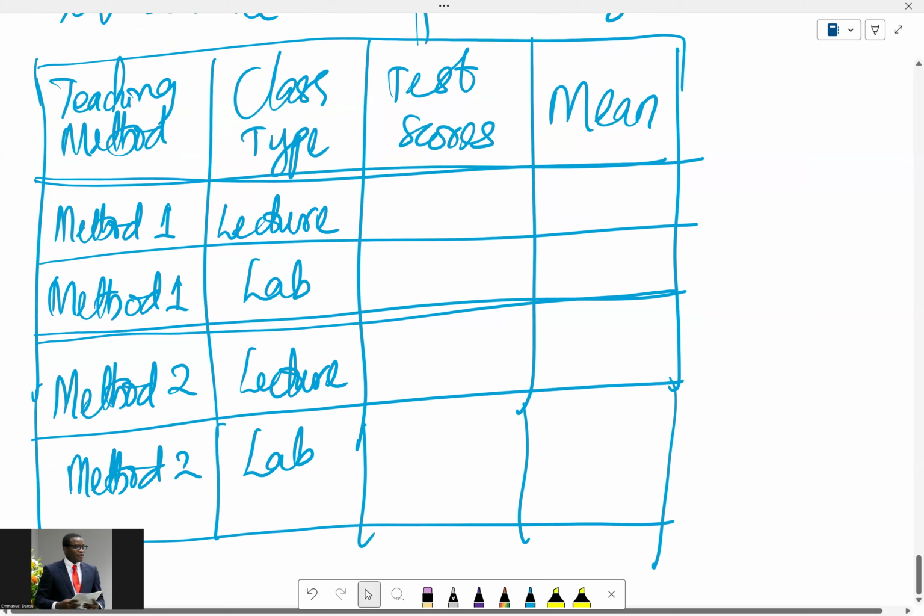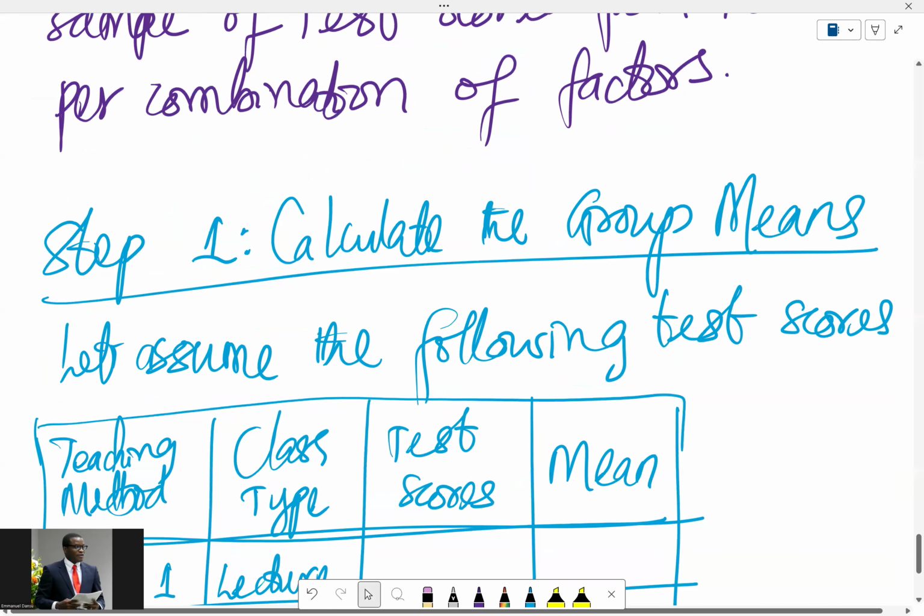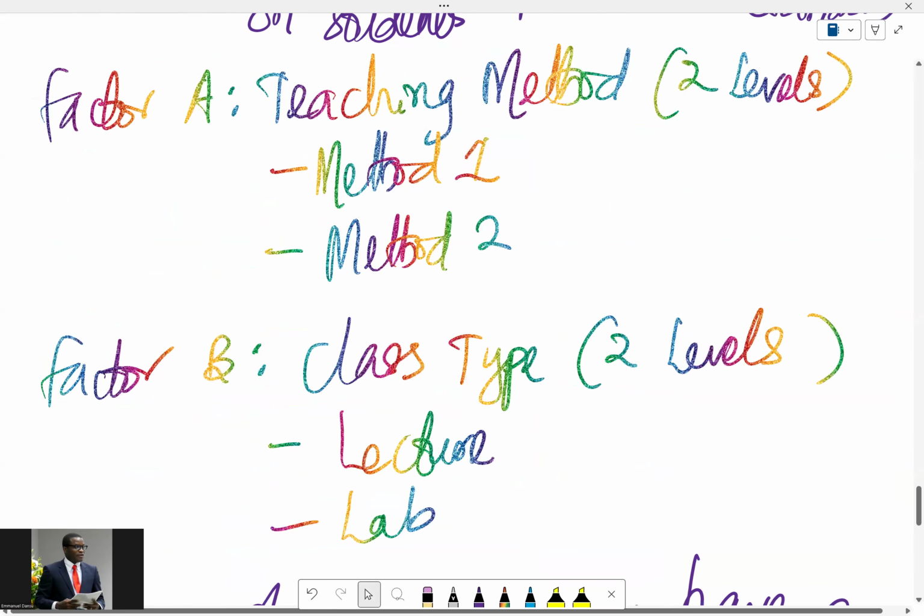If I'm going to code this, let me just do the coding here. Method one is one, method two is two, lecture is one, lab is two.